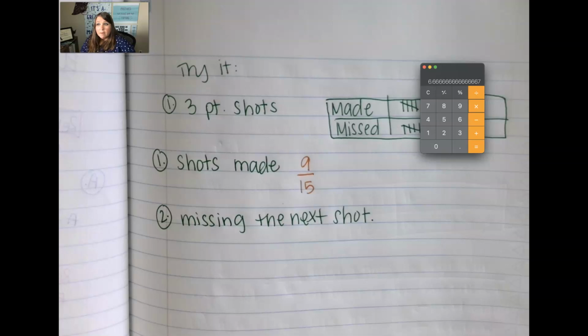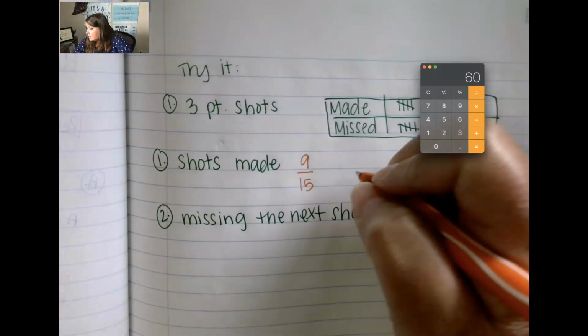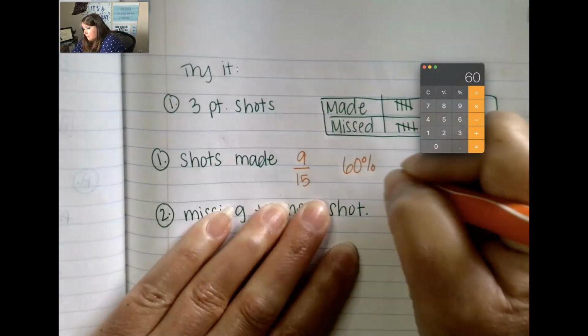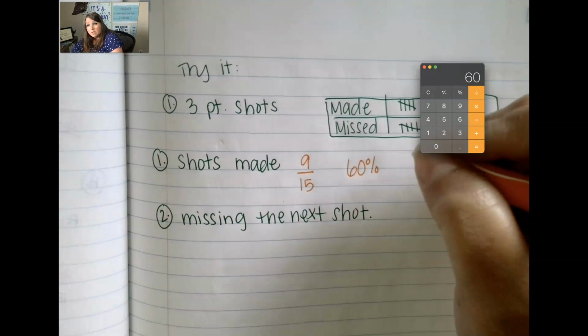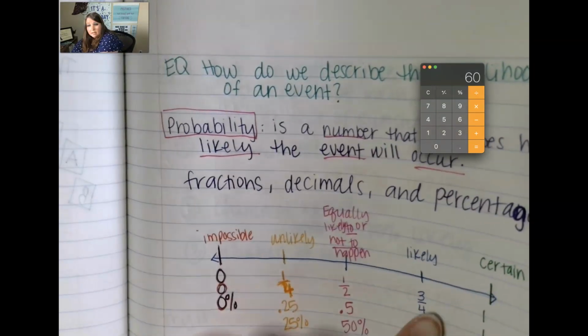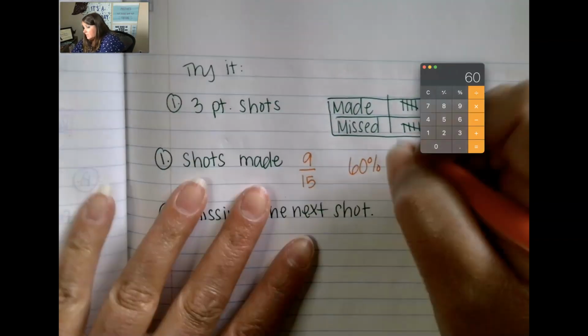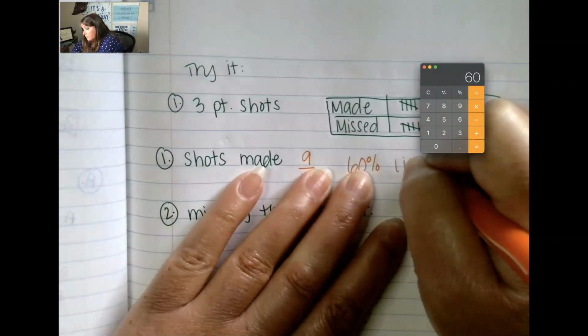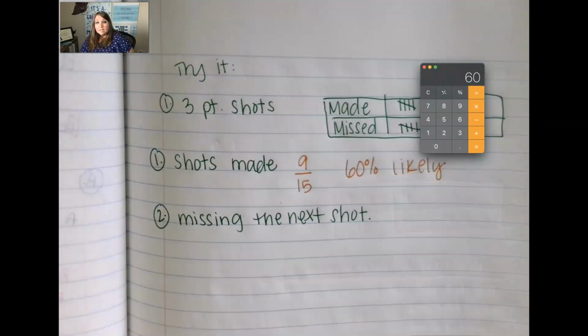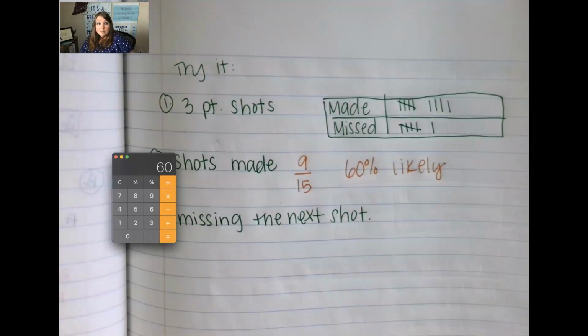So we're going to multiply that by 9, and we get 60%. So we have a 60% chance of making our next shot. So let's look back. Is that likely? That is likely. We are likely to make our next shot because we had a 60% chance.